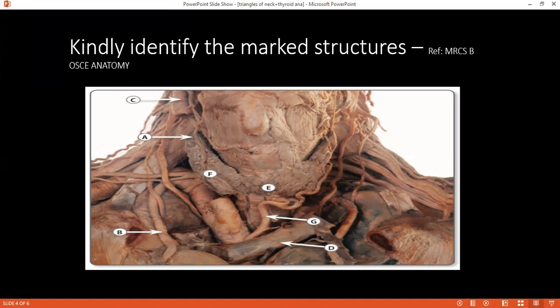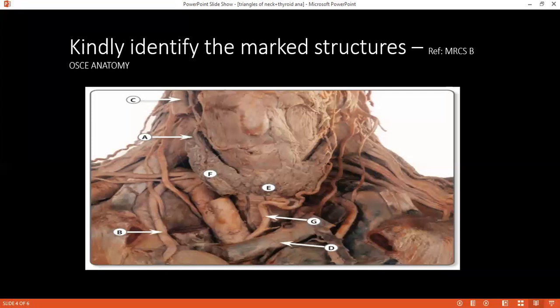What is the blood supply of the thyroid gland? The arterial supply is from the superior thyroid artery, which is a branch of the external carotid artery, and the inferior thyroid artery, which is a branch of the thyrocervical trunk. There's also a small artery called the thyroidea ima artery.